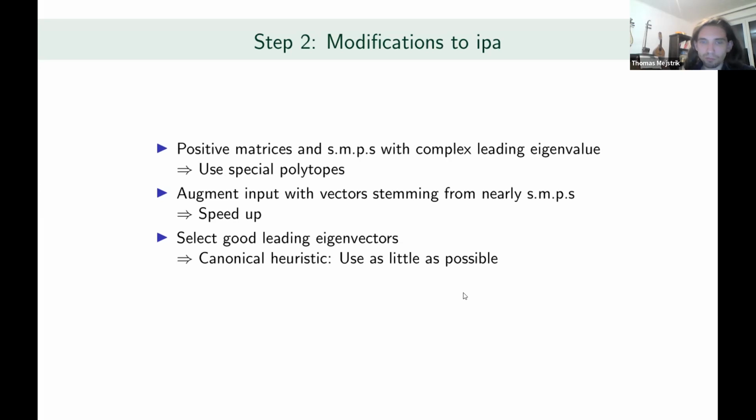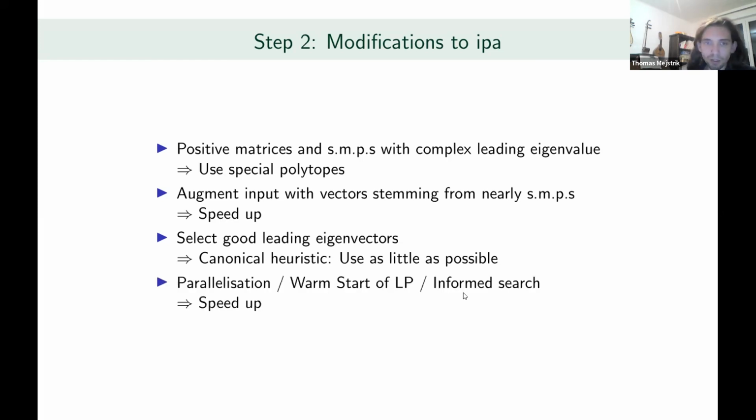So we currently have no mathematical description of which eigenvectors to use, but we have a kind of canonical heuristic in the sense of using as few starting eigenvectors as possible.